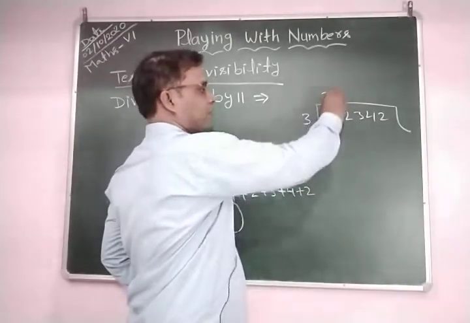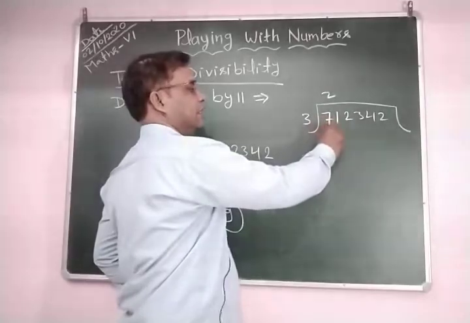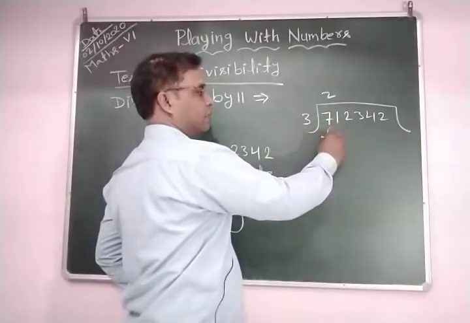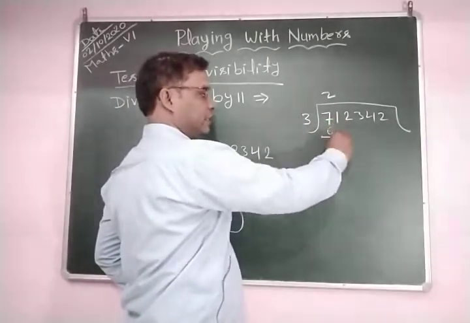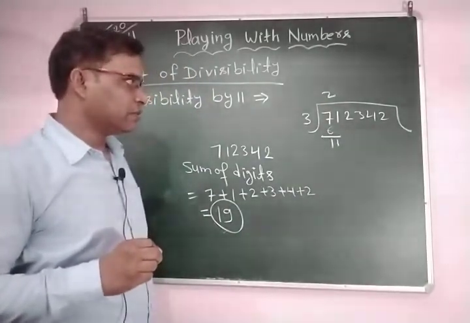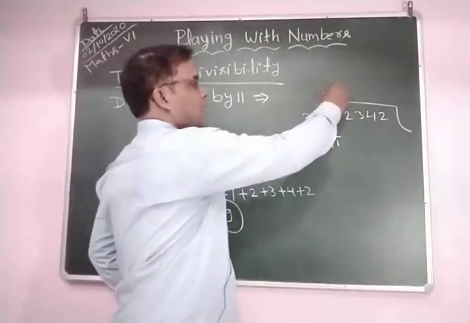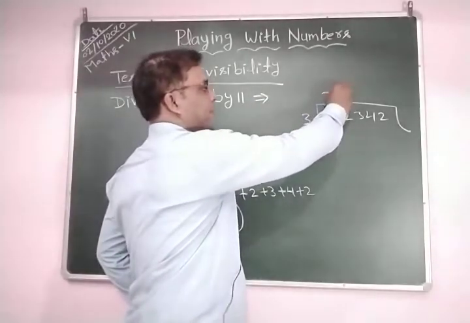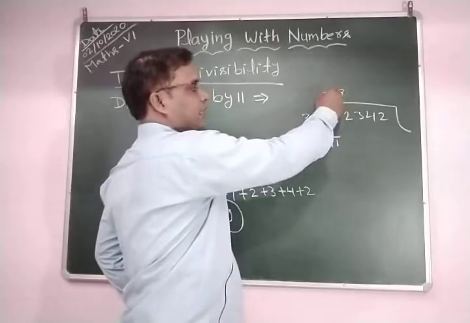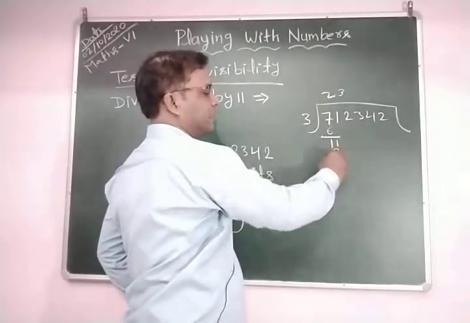So 2 times, you write here 2, 3 twos are 6, and then subtract them. Then we obtain here 1 and bring down this 1. This becomes 11, and 3 threes are 9. So we write the quotient 3 to the right of 2. 3 threes are 9, and we subtract them.